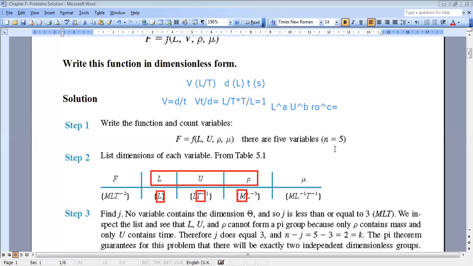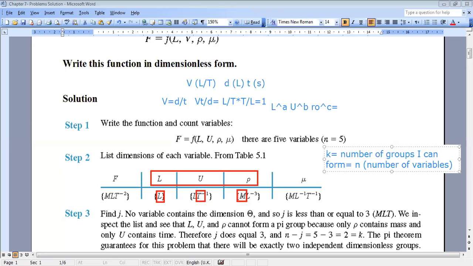The theorem says the number of groups I can form is equal to K, where K represents the number of groups I can form between the variables. It's equal to n, where n represents the number of variables, minus j. What does j represent?